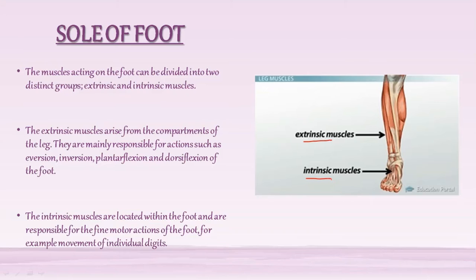The second group of muscles are the intrinsic muscles, which are the muscles of the foot itself. These muscles arise from the foot and insert onto the foot, and they are responsible for the fine motor actions of the foot, for example, movement of individual digits.